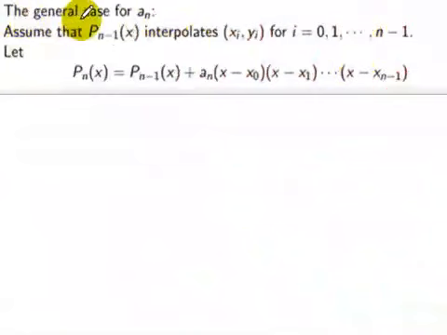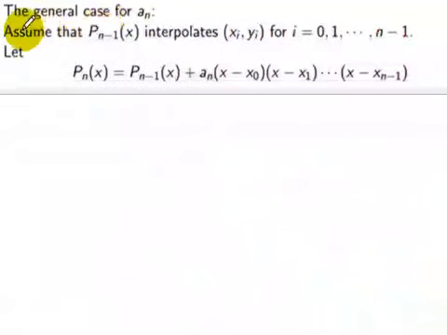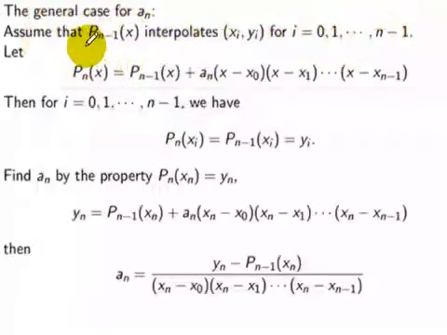Now we go on to discuss the general term. This is the general case. So assume that the polynomial p sub n minus 1 interpolates these n points, up to n minus 1.